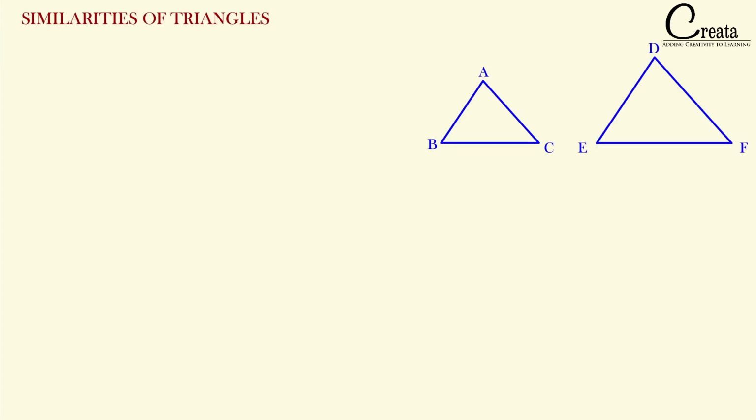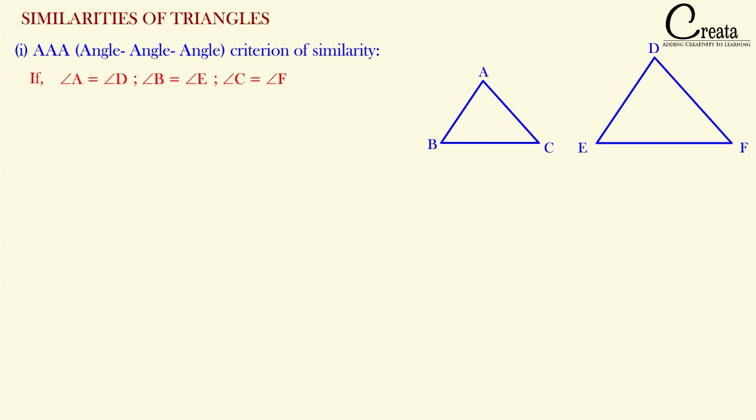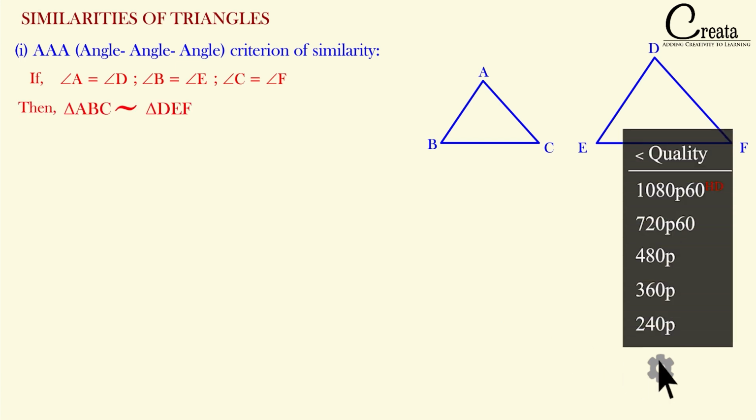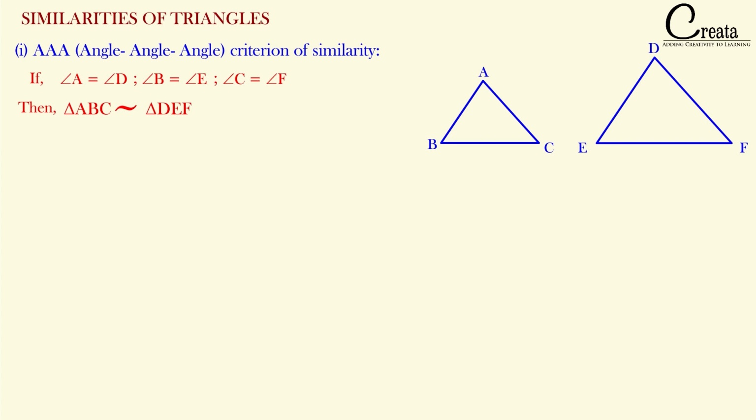The first criteria is AAA criteria, that is the angle criteria, in which if the two triangles have the corresponding angles equal to each other, then we can say the two triangles are similar. This criteria we can also write as AA criteria, that is, if only two angles are matching, then also we can say the two triangles are similar.